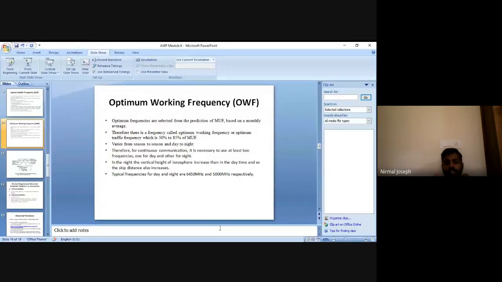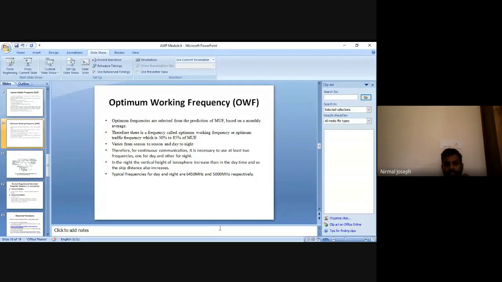That's why here we have taken 85%, the middle of 80 to 90%. So for optimum working, we can select a frequency which is between 50% to 80% of the maximum usable frequency. And of course, this varies from season to season and day to night.